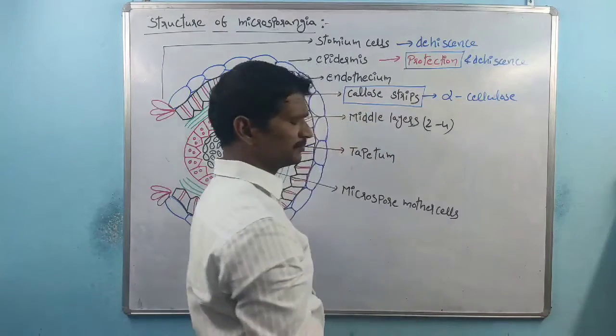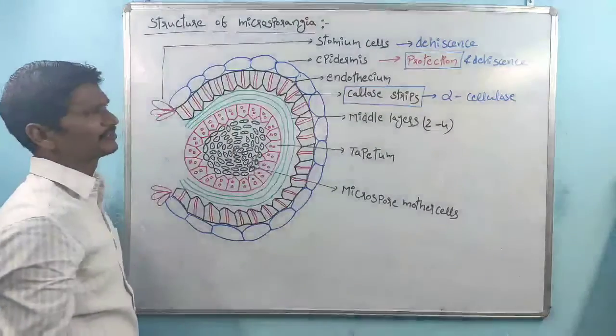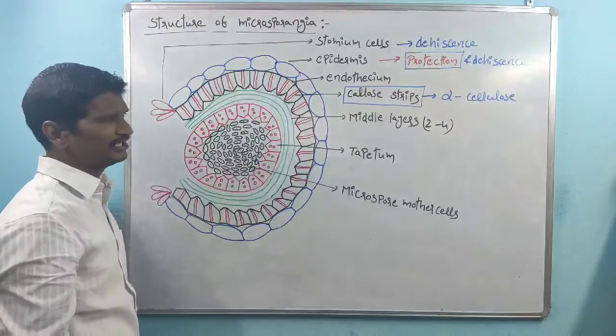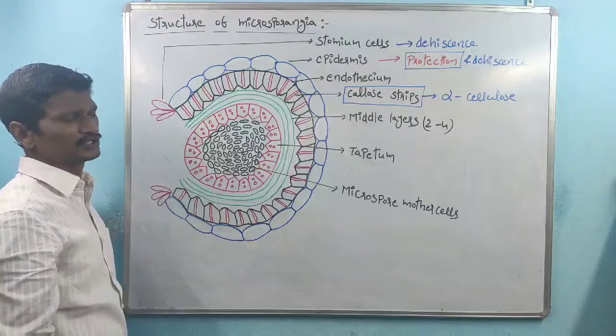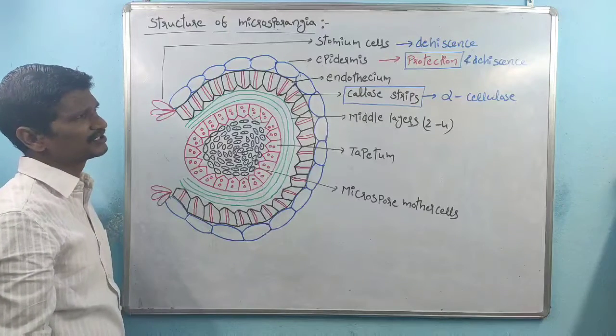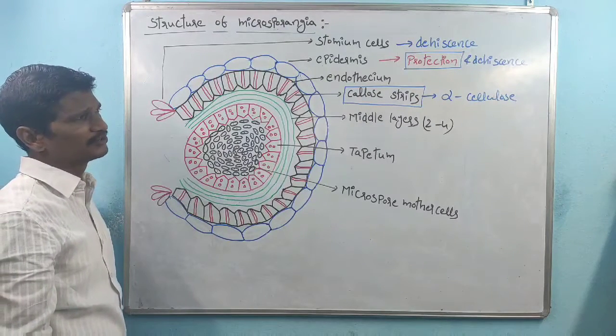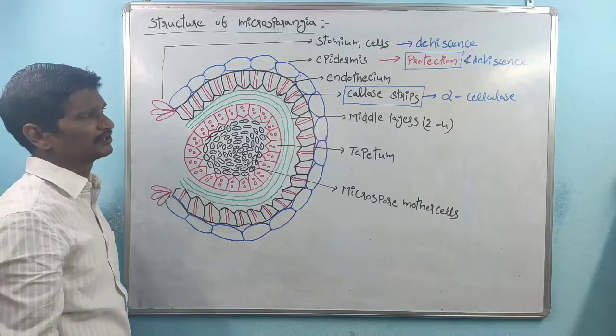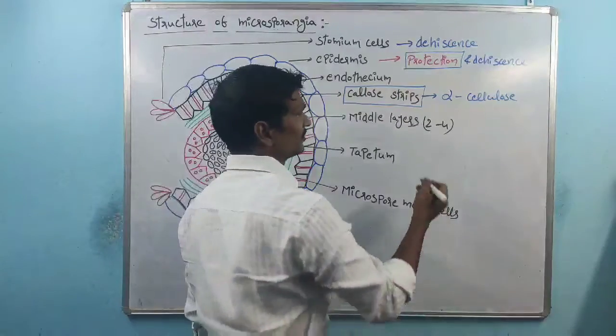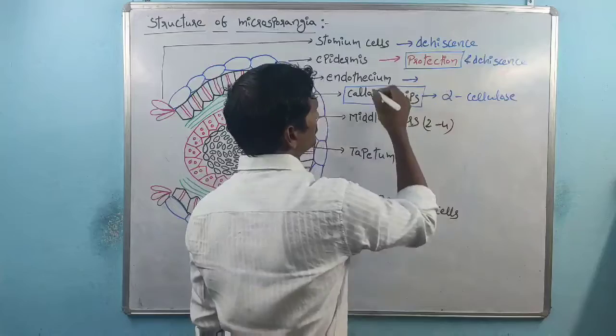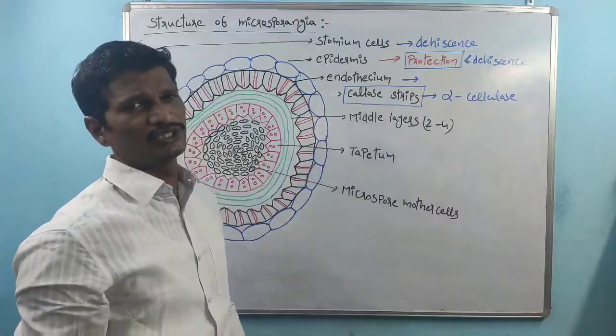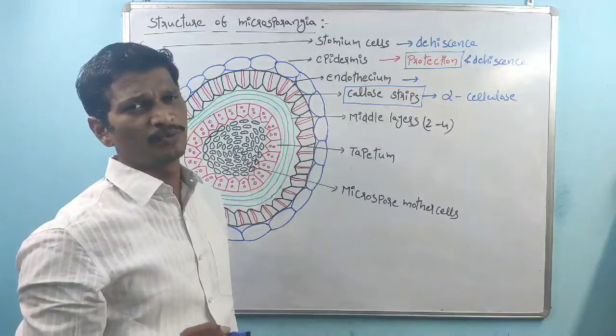Due to the presence of alpha cellulose, callose strip formation takes place. Then what is the function of the endothelium or the callose strips? Both are involved in the same kind of function. The endothelium shows hygroscopic movements.